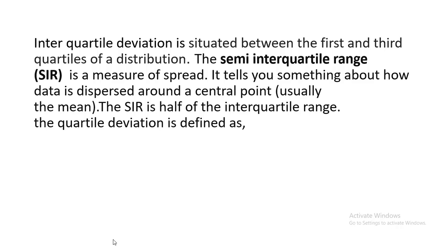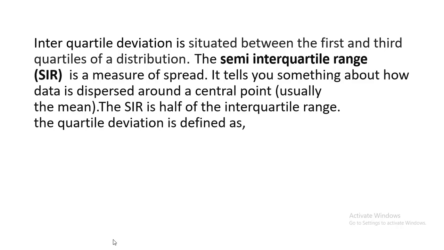There is one thing called interquartile range. If they are asking you about interquartile range, that means they are asking you about the difference of the maximum and minimum quartile.